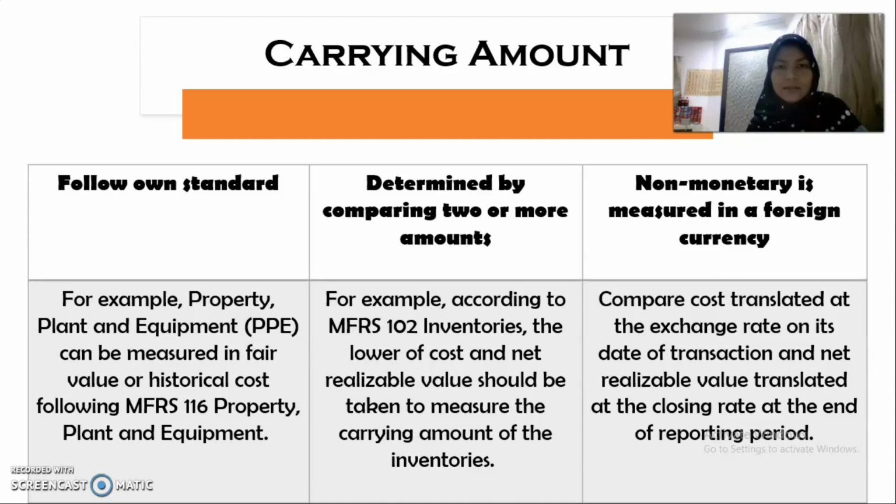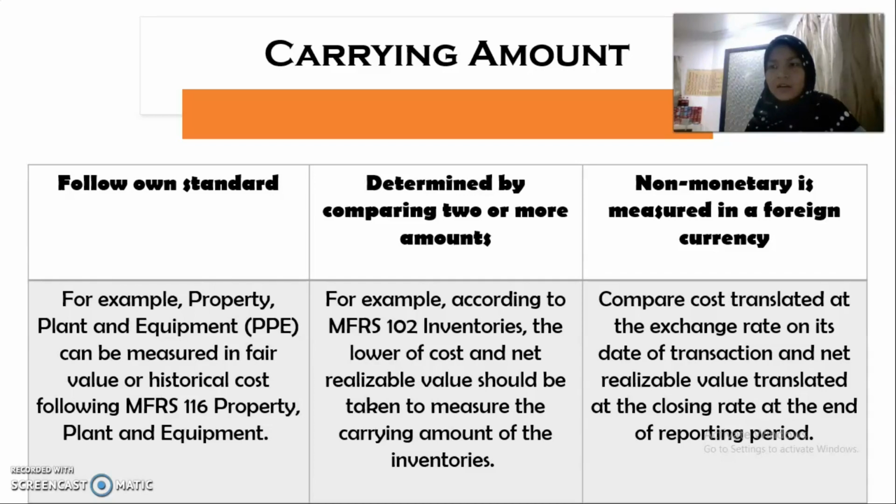The second is determined by comparing two or more amounts. For example, in MFRS 102 Inventories, the lower of cost and net realizable value should be taken to measure the carrying amount of the inventories. And the third one is non-monetary items measured in a foreign currency. Compare cost translated at the exchange rate on its date of transaction and net realizable value translated at the closing rate at the end of the reporting period.